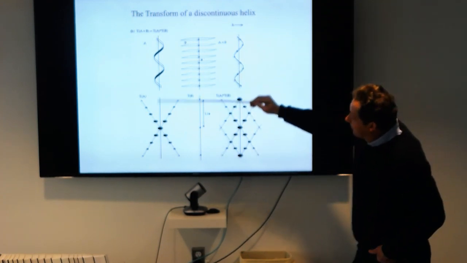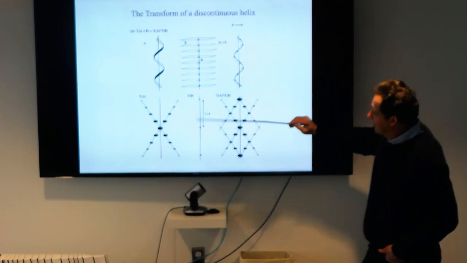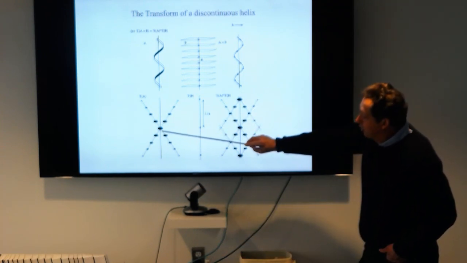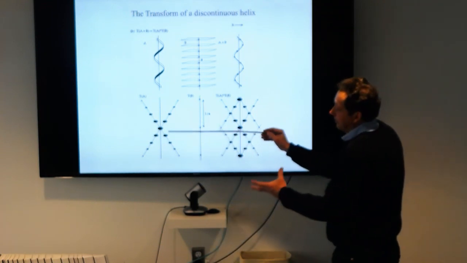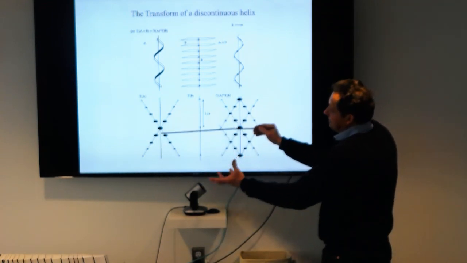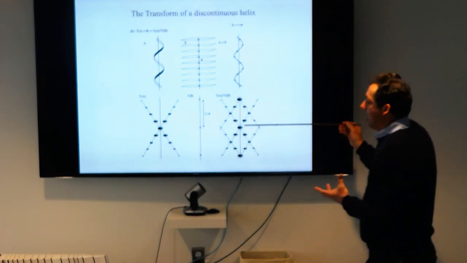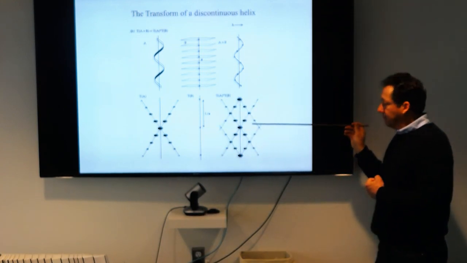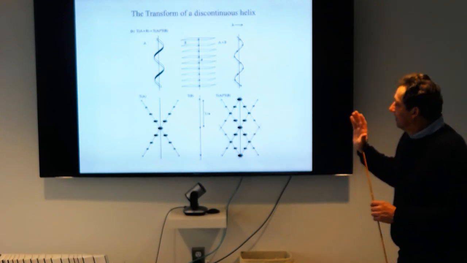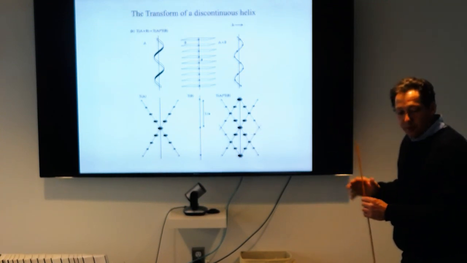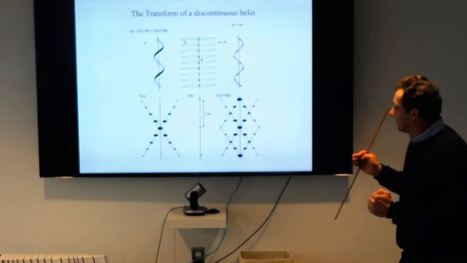This is the transform of this, and this is the transform of this. If I now convolute the transform of this with this, which is equivalent to putting this pattern at every lattice point, now I get this very complicated pattern. That's how we may understand how the diffraction pattern comes along.